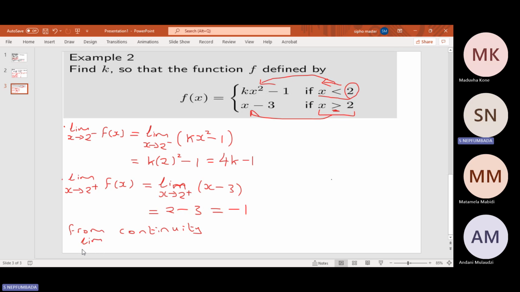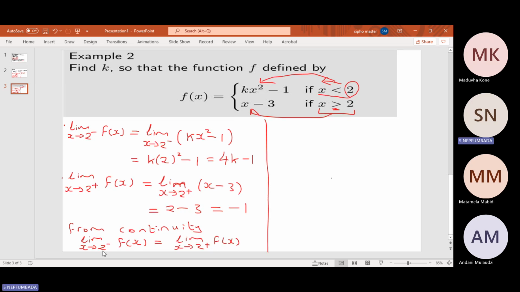It means the limit of x approaching 2 from the left of f at x equals the limit of x approaching 2 from the right of f at x. Then we substitute. From the left we got 4k minus 1, and this equals what we got from the right, which is minus 1. Then 4k, minus 1 when it goes to that side is going to be 0. Is that so?